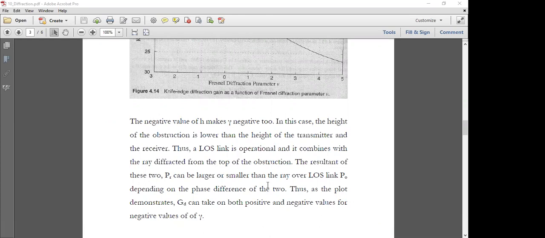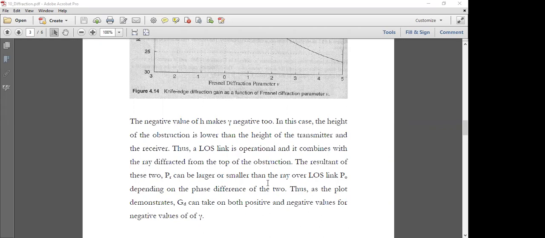You are absolutely right. Intersymbol interference can be there whenever you have signals arriving via multiple paths.